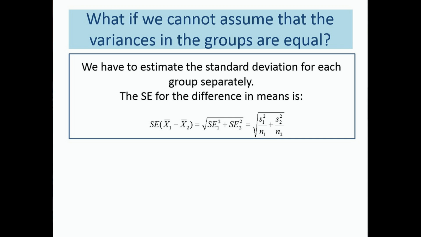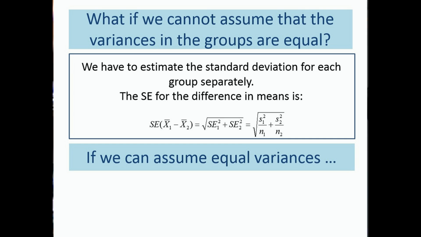What if we cannot assume that the variances in the groups are equal? Well, then we have to estimate the standard deviation for each group separately. The standard error for the difference in means can be calculated by taking the standard error of the first group squared plus the standard error of the second group squared and take the square root of it.